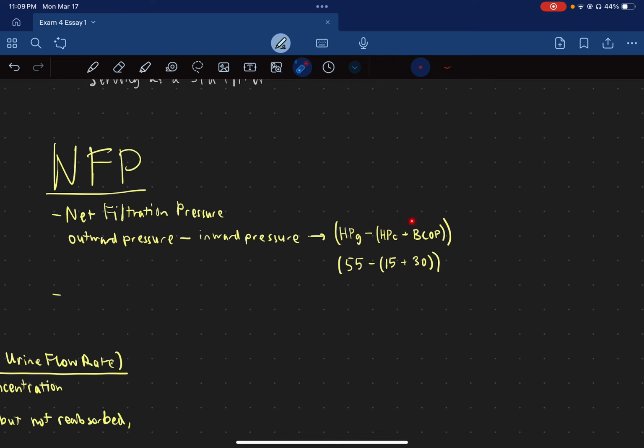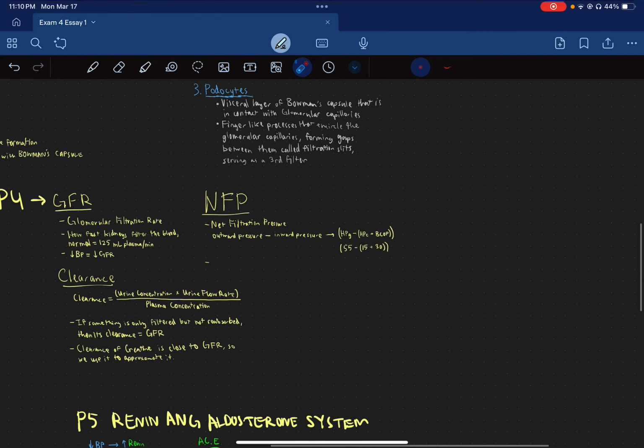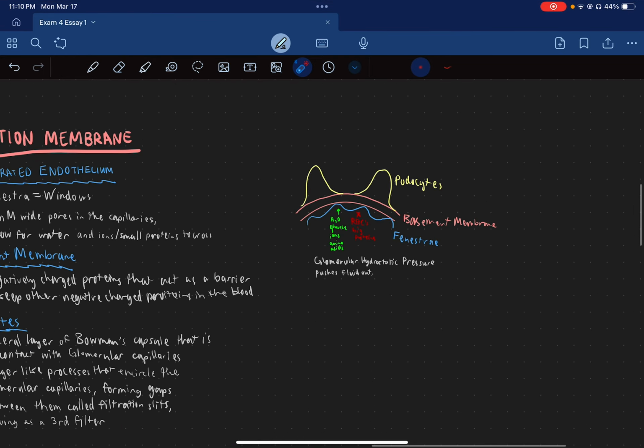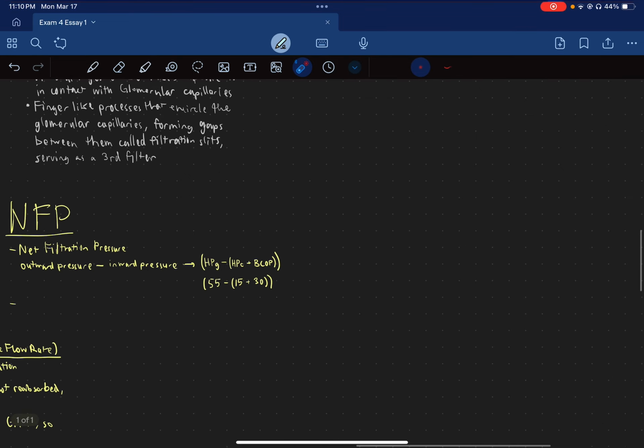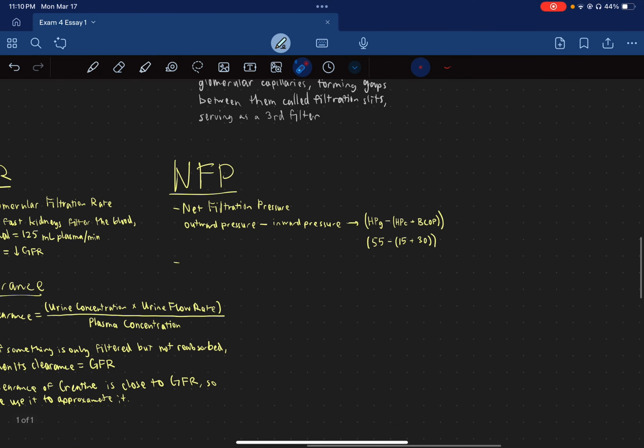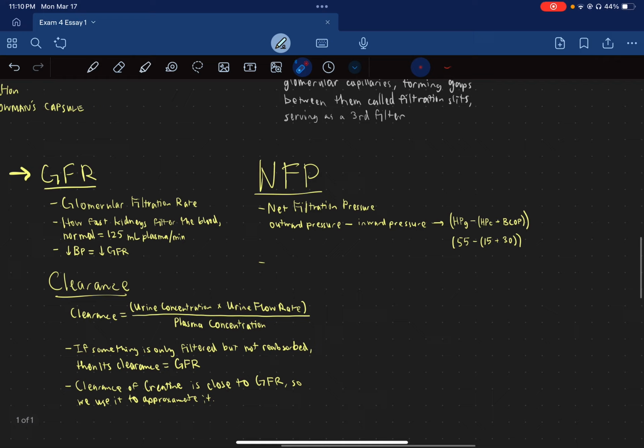So these two things are going to be pushing solutes back into it, but obviously our hydrostatic pressure of the glomerulus is higher. It's going to be pushing more solutes out into the Bowman's capsule and then into the tubule of the nephron.